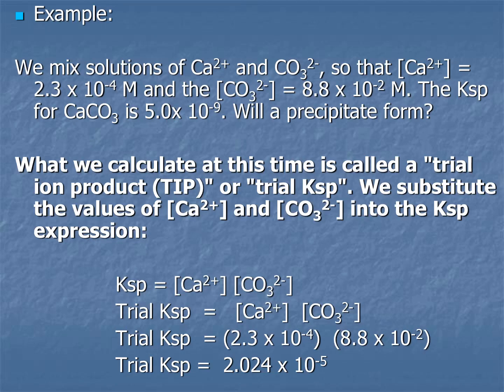All we do for this is we solve for a trial ion product, TIP, or really a trial Ksp, also known as Q. So if we substitute the values for the concentration of calcium and the concentration of carbonate into our Ksp expression, we have our Ksp, we plug in our trial concentrations, and our trial Ksp comes out to 2.024 times 10 to the negative fifth.